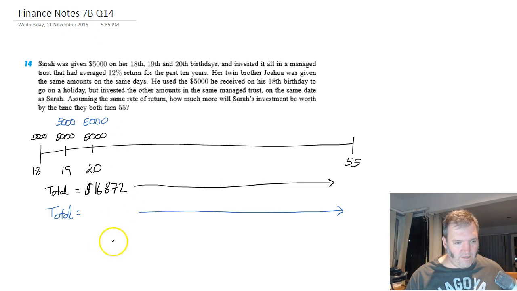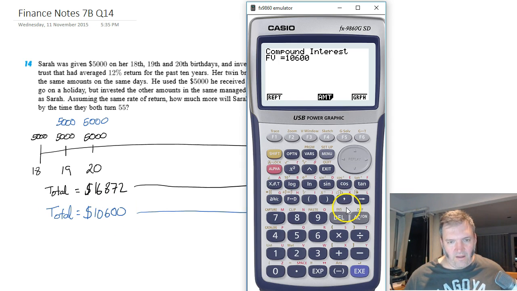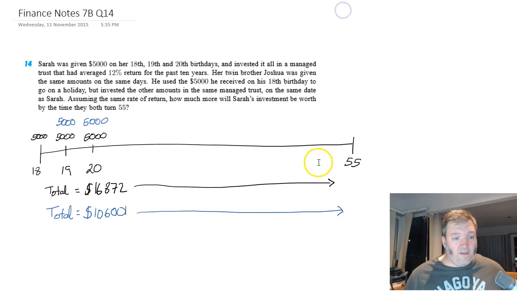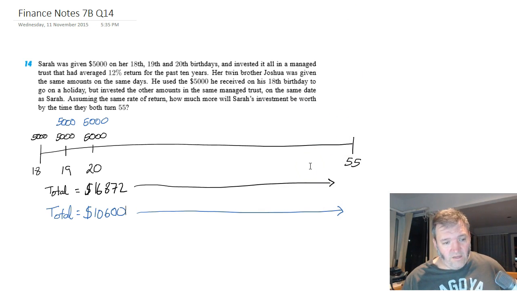So not surprising, it shouldn't be too different. Was it 10,600? I've forgotten that number already. Double check it. Yep, that's all it is there. So you expect it to be at least 5,000 more because there's interest. So 15,600 plus 2 years' worth of interest, 16,800. 12% is a pretty high interest rate. So she's a little bit better off.